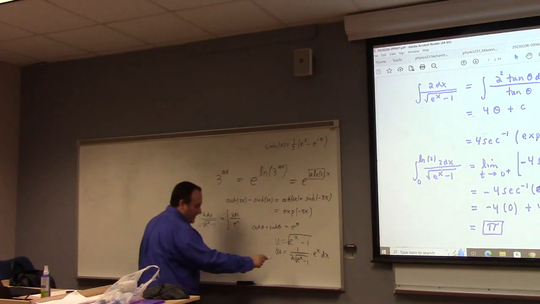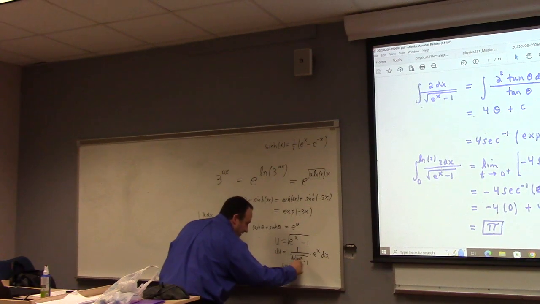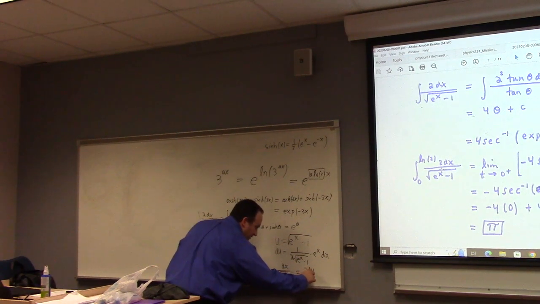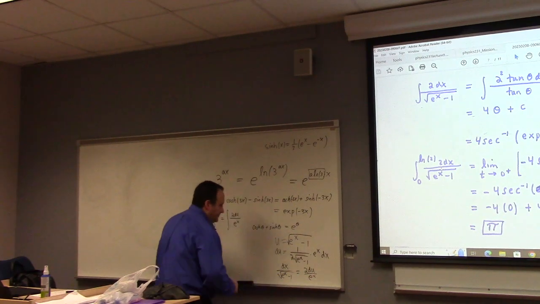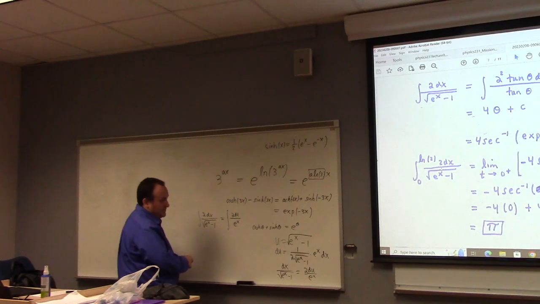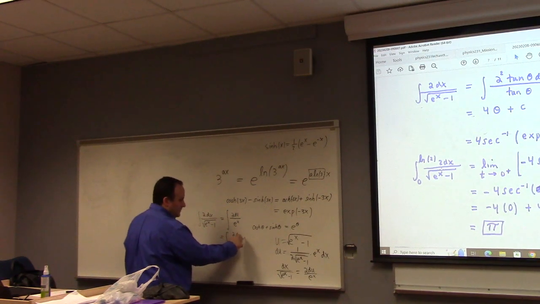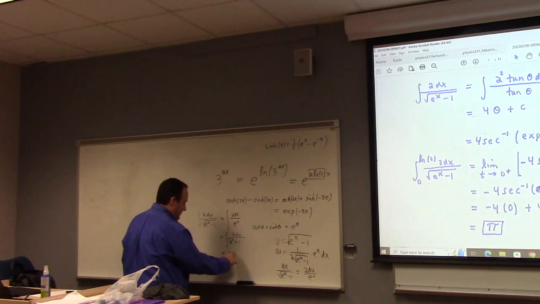If I solve for dx over the root, I get 2 du over e to the x. And e to the x is equal to u squared plus 1, so that gives me 2 du over u squared plus 1. Cool, yes, I will agree.